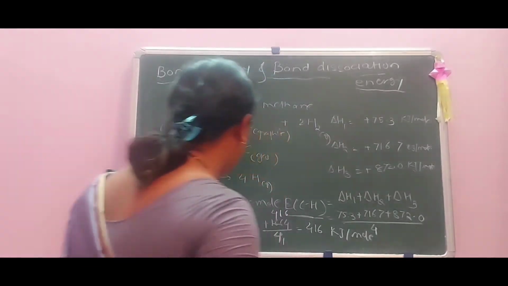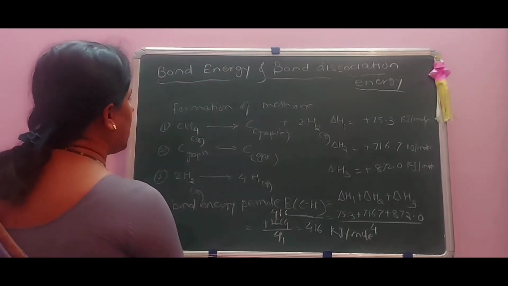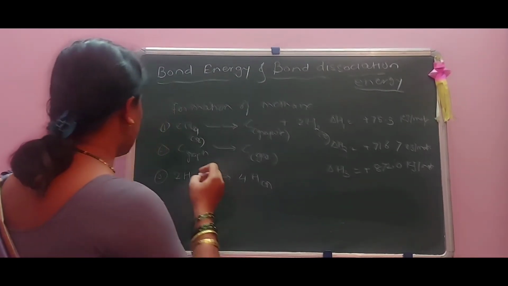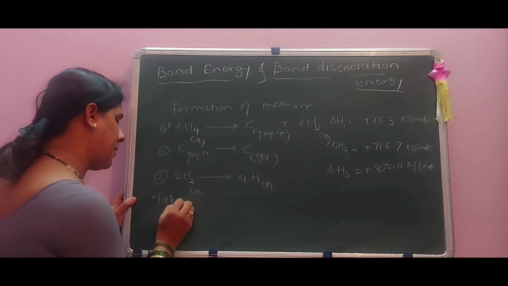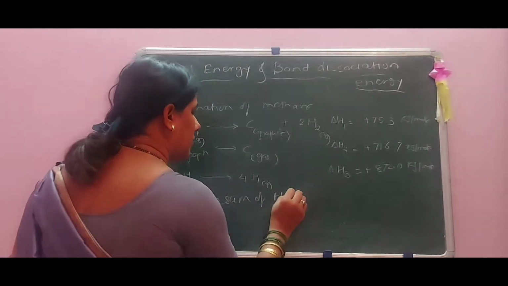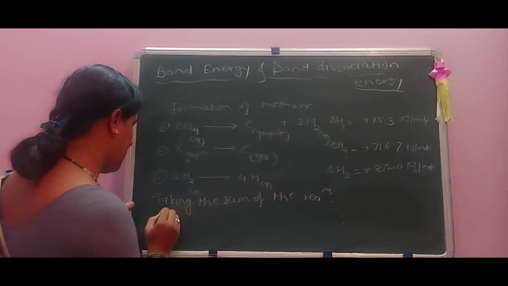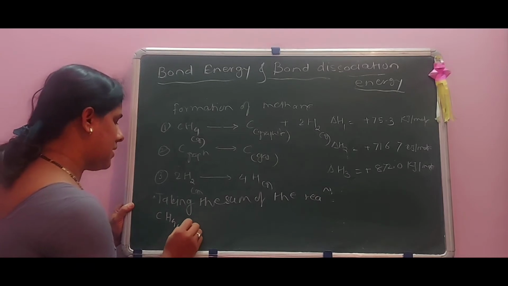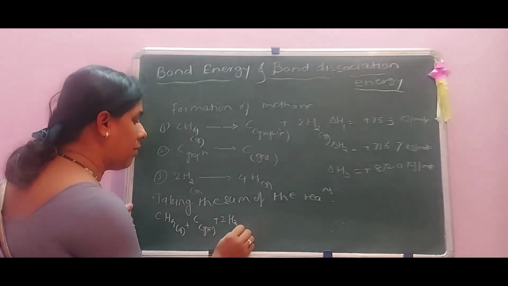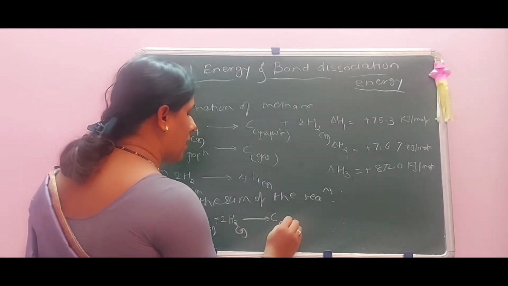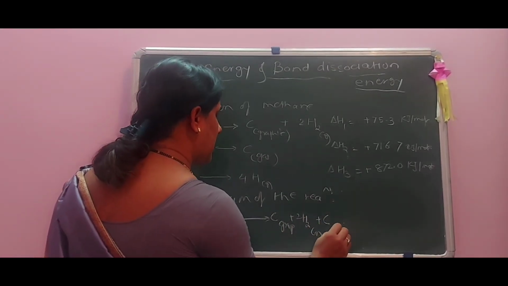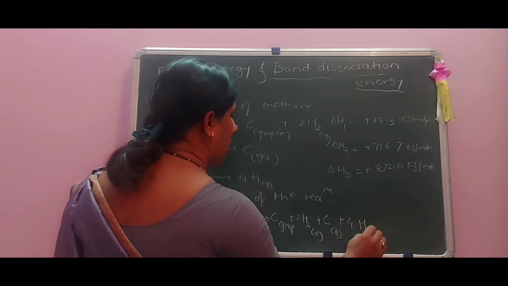First we have to write the reaction in this sequence. This is the 416. First we are taking the sum of the reactions, that is CH4 gaseous state plus C of graphite plus 2H2 of gaseous state gives rise to C of graphite plus 2H2 gaseous state plus C gaseous state plus 4H of gaseous state.